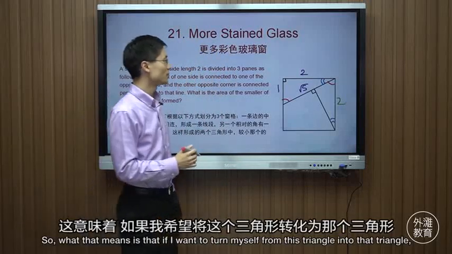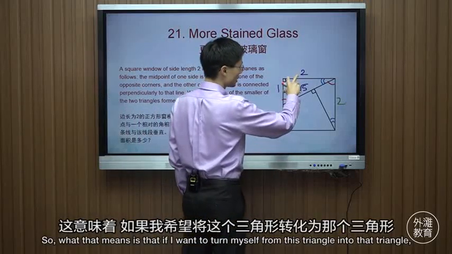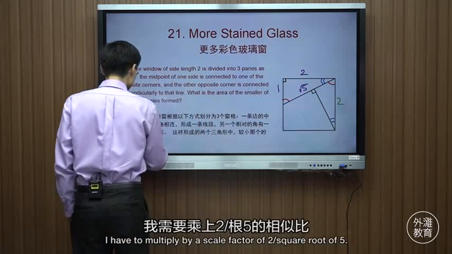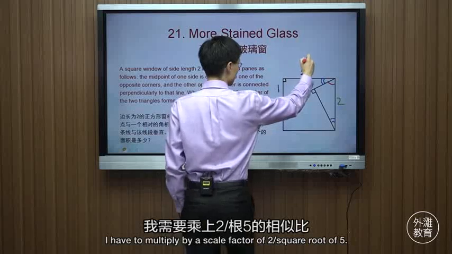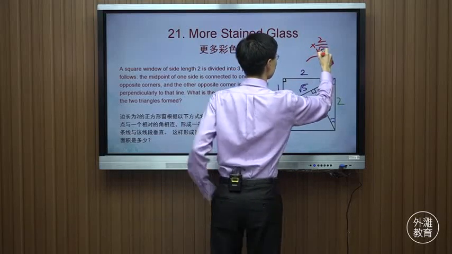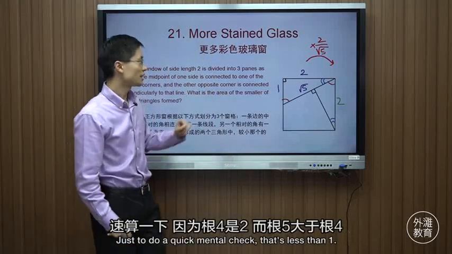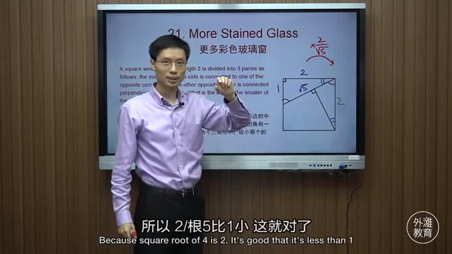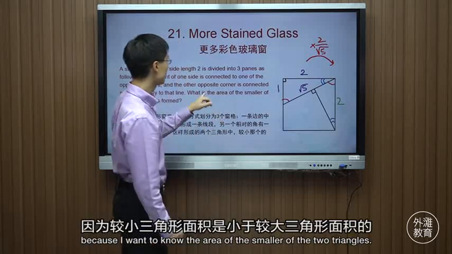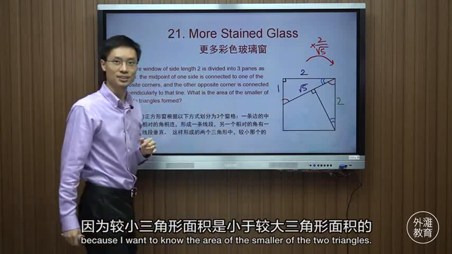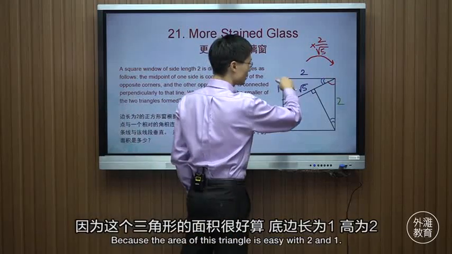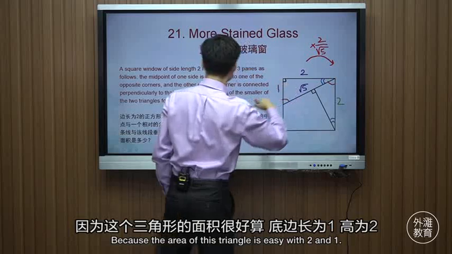So what that means is that if I want to turn myself from this triangle into that triangle, I have to multiply by a scale factor of 2 divided by square root of 5. Just to do a quick mental check, that's less than 1, because square root of 4 is 2. It's good that that's less than 1, because I want to know the area of the smaller of the 2 triangles.